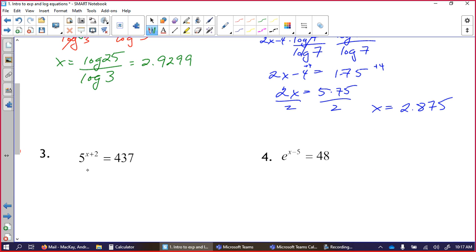Same thing here. Log x plus 2 times the log of 5 equals the log of 437.